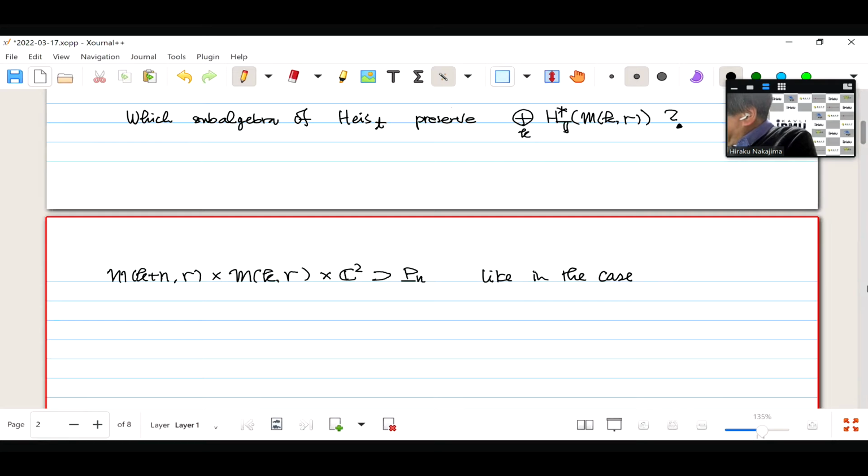I will not explain exactly how we can define it, but if you know the definition of M_{K,R} in geometric terms as the moduli space of framed sheaves, exactly in the same manner you can define P_n.